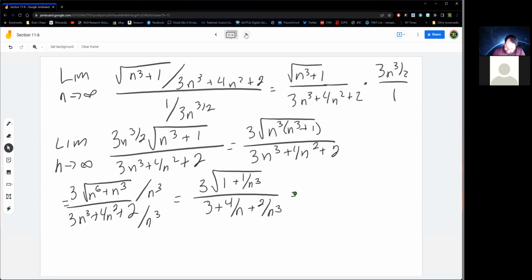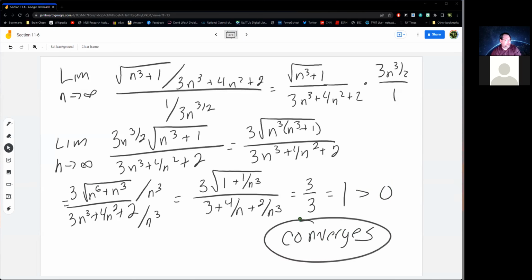The limit of that goes to 3 over 3, which is 1. And the limit comparison test says as long as it equals some number that is greater than 0, this converges because the other one converged.